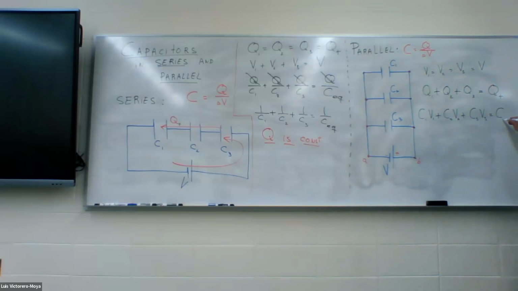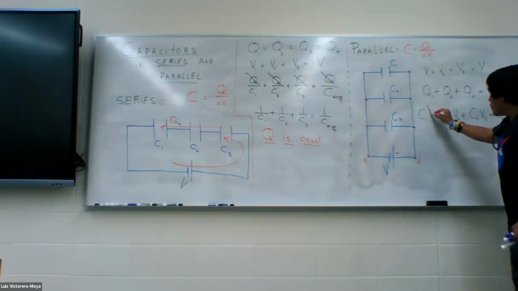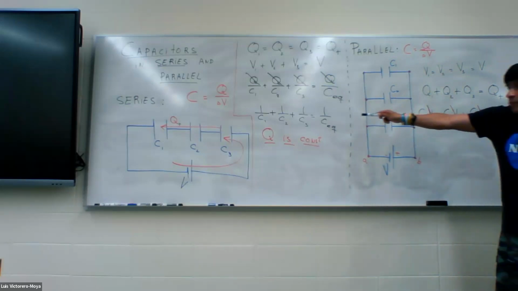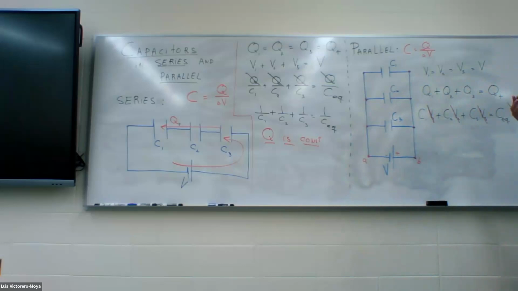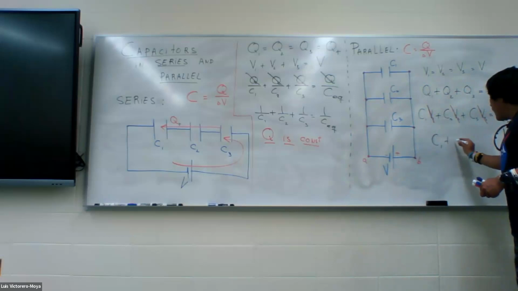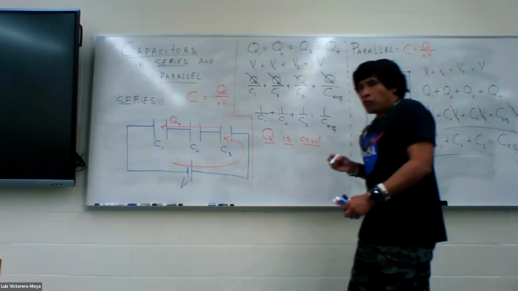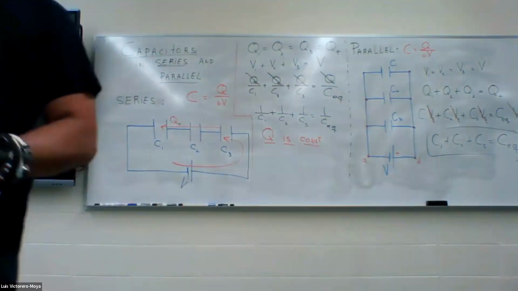That's your C equivalent times V. Now, because of this, V1, V2, V3, and V are the same, and you get the equation for parallel capacitors. So C1 plus C2 plus C3 is equal to C equivalent. And these are the equations for series and parallel capacitors.